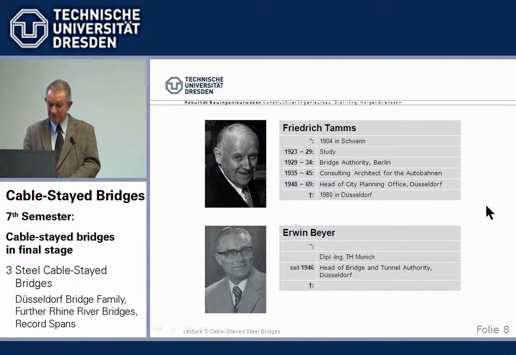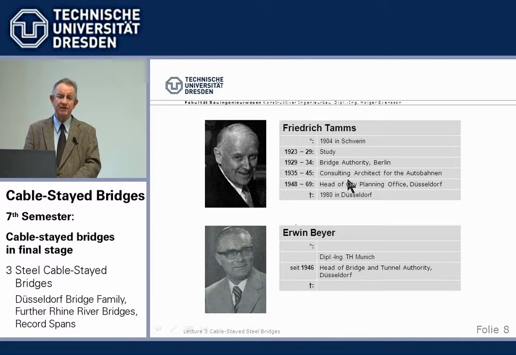First of all, Friedrich Thams, an architect who worked together with several of these at the Autobahnen in the 30s. He was heading the city planning office, and he had deep understanding of cable-stayed bridges, of bridges in general. And he said, okay, these three bridges, I want them light and visually attractive.